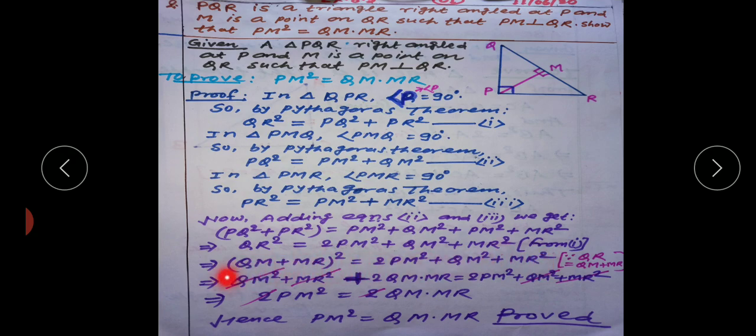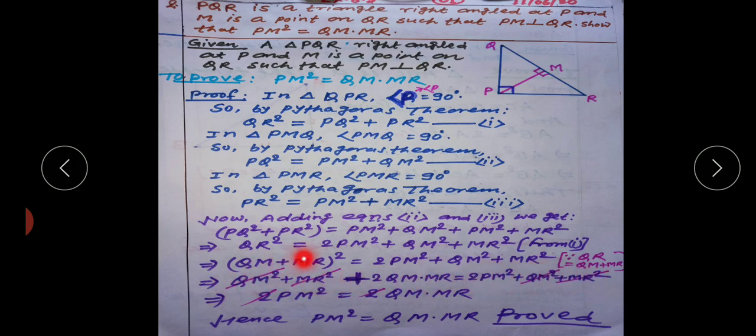Now this is the algebraic expression (a plus b) the whole square, so it will be expressed as a square, that is QM square, plus b square, that is MR square, plus 2ab, that is 2QM into MR, equal to 2PM square plus QM square plus MR square.